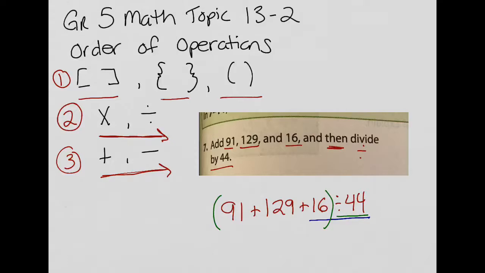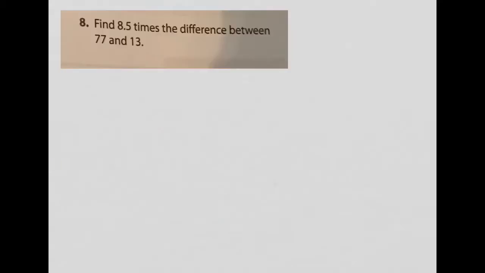For these problems, you are not solving the expressions. You are only writing them from word form, putting them into the numbers and symbols to indicate what the problem is telling you to do. So that's the answer for number 7. Parenthesis, 91 plus 129 plus 16, close the parenthesis, divided by 44.